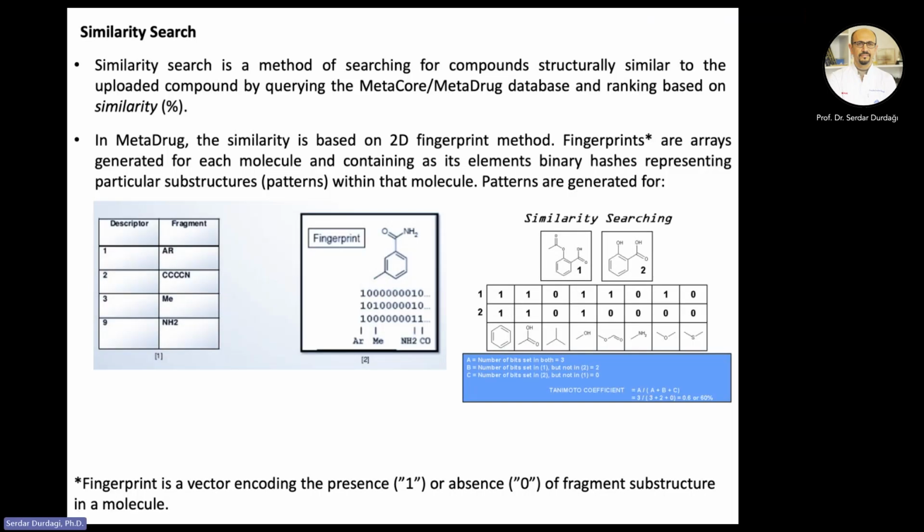When we check these molecules, we have an aromatic ring here and here, a carboxylic acid group here and here, and instead of a hydroxyl group we have an oxygen, a carbon group, and a methyl group. It looks very similar, but how can we calculate it in percentage?